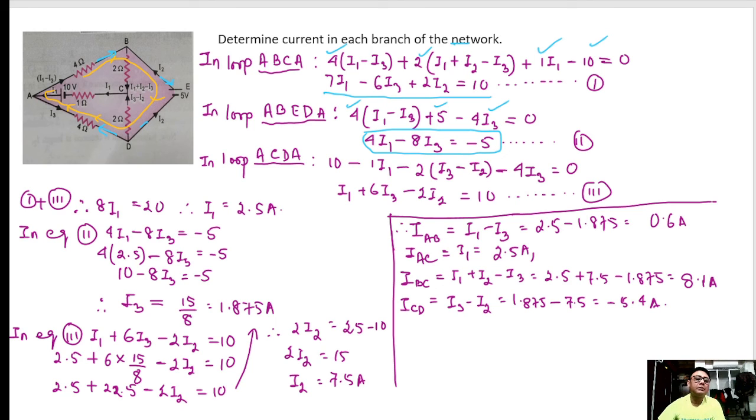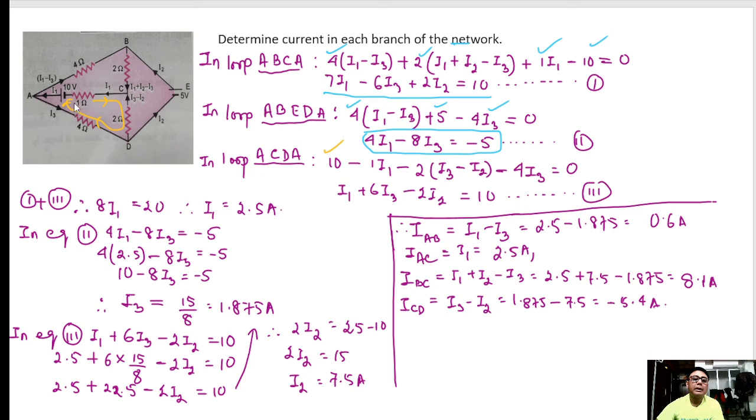Okay, so now applying the third loop, because there are 3 variables in the sum, so we are using the third loop. So what is the third loop? Let's see. ACDA, we are using this loop. First of all we are entering batteries positive to negative, so plus 10.